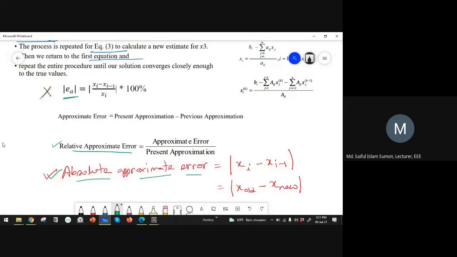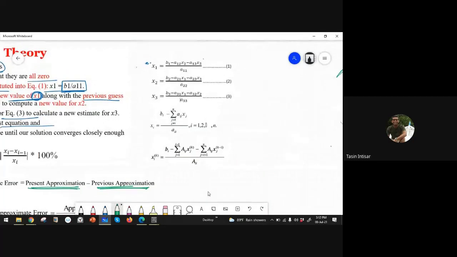Approximate error is the previous approximation minus the present approximation, like this: xi minus xi minus 1, or x new minus x old. This is the approximate error, and if there is an absolute sign, then it will be the absolute approximate error. This has been used in your code. Any problem till now? So this is the condition of the while loop, sir.